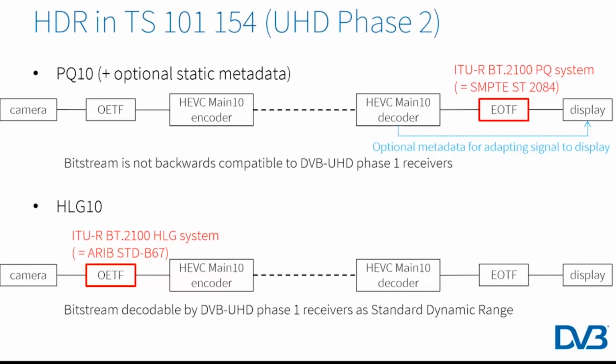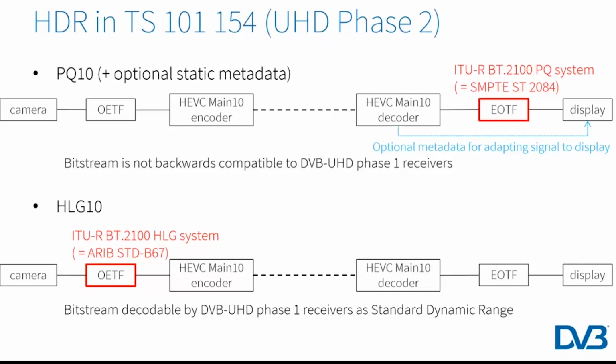Now, you may have heard of static metadata. We had static metadata already in TS 101 154. We had standardized it together with UHD Phase 2 for the PQ system. This static metadata basically gives you information about the display you've graded the content on, or about the whole content.